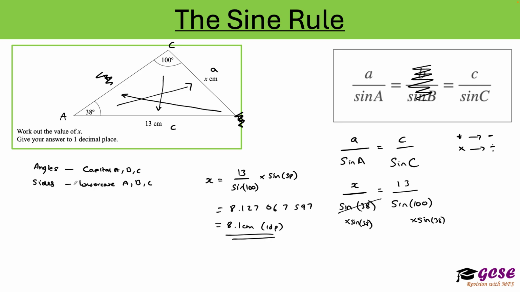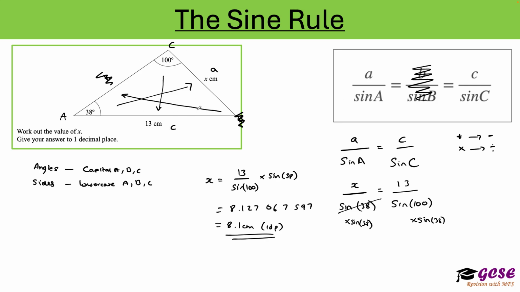Just remember that each of them are opposite each other. So capital A is opposite lowercase a, capital B is opposite lowercase b, and capital C is opposite lowercase c.